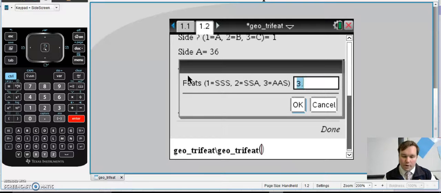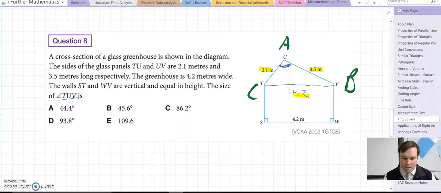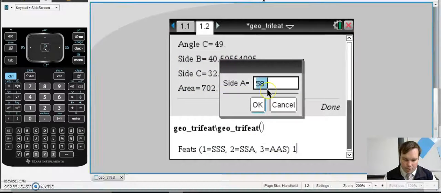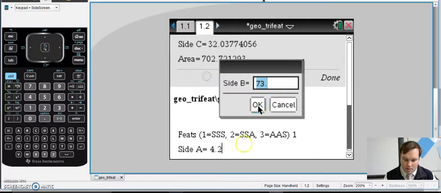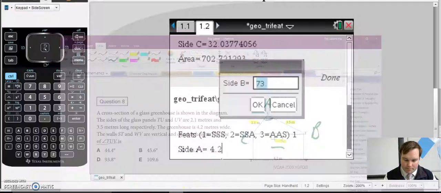And here, what we're going to do is give it 3 sides. So 1. And then it asks for side A. Alright, so we go back, and our side A is this one here, because its opposite angle A is 4.2. Side B, 2.1.